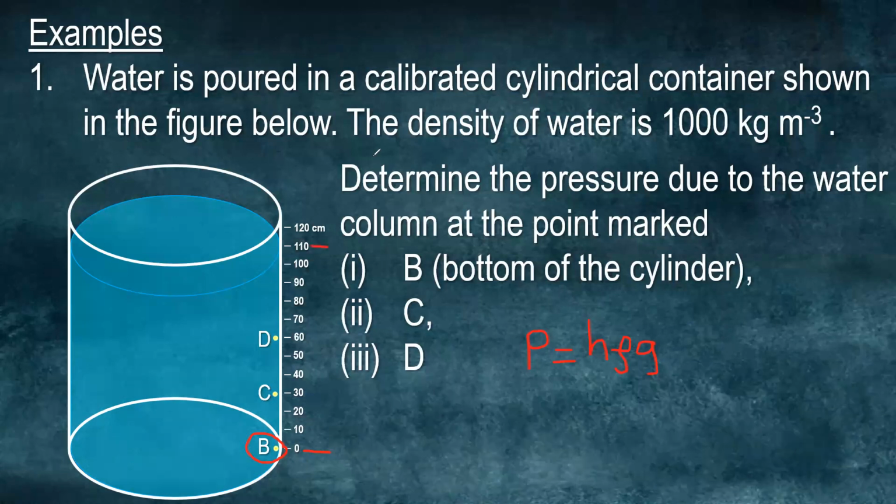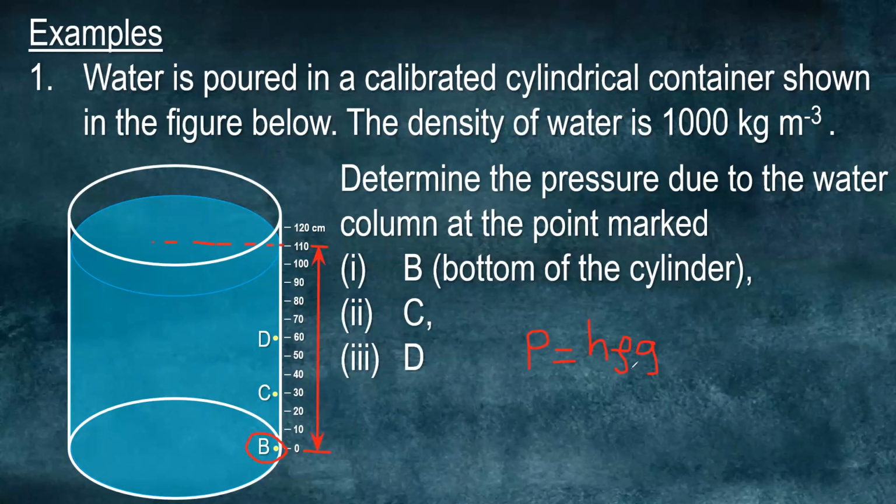Please never make a mistake of doing the height. We look at the depth, from the liquid surface down to the bottom. The liquid surface is around here. If you can check clearly, around there, at the 110 centimeter mark.